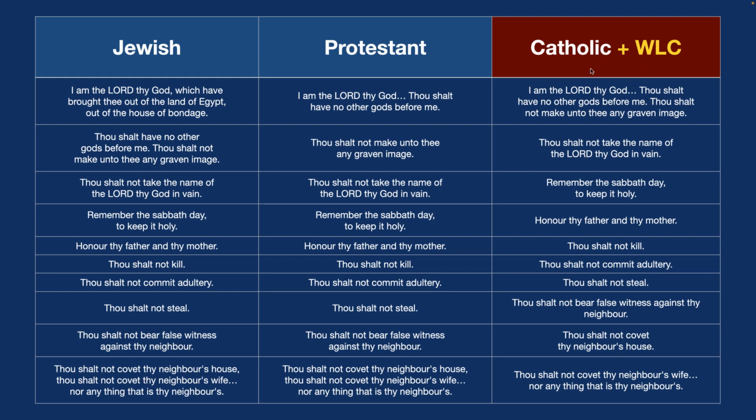What I'm trying to say is that the Westminster Leningrad Codex pretty much divides the text similar to how the Catholics have divided it, except that not every Catholic or Protestant will read the first commandment, or say first saying, as 'I am the Lord thy God.'